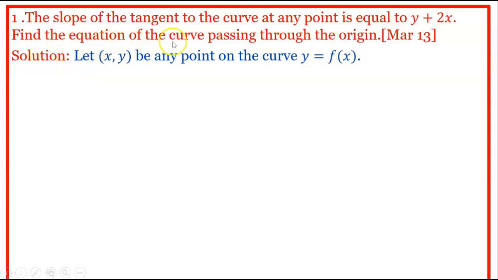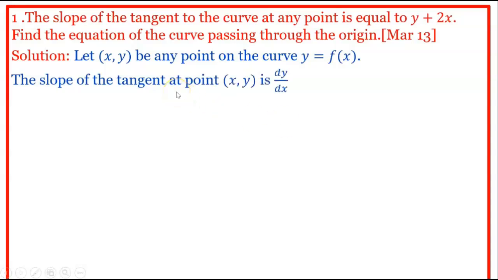Find the equation of the curve passing through the origin. This question was asked in the March 13 examination. Let x, y be any point on the curve y is equal to f of x. The slope of the tangent at point x, y is nothing but the derivative dy by dx. Therefore, dy by dx is equal to y plus 2x.